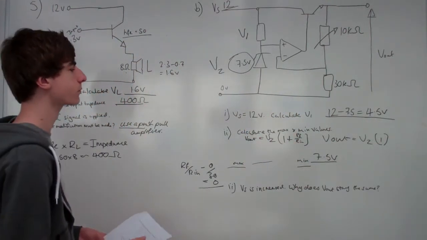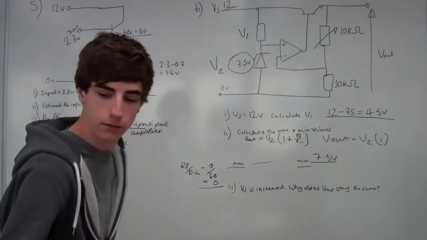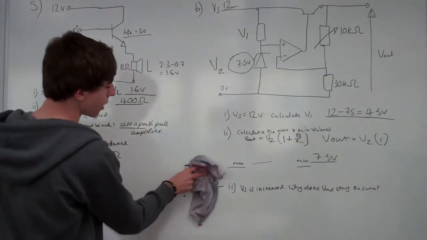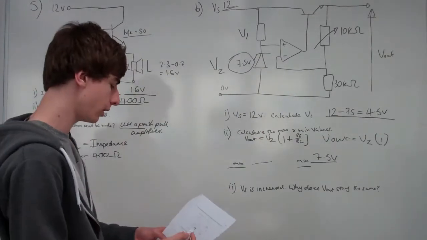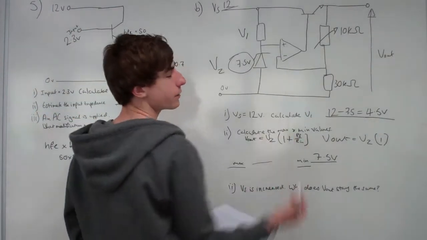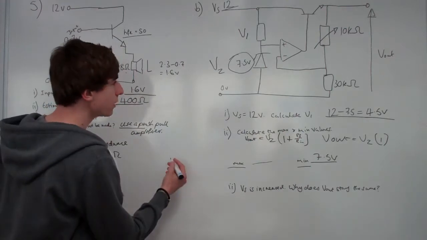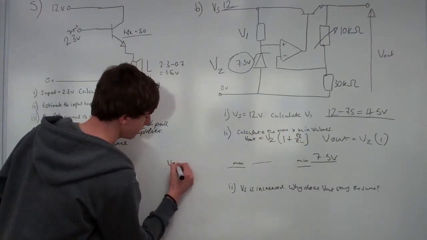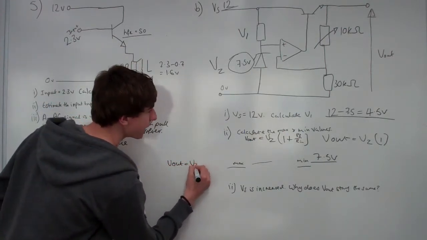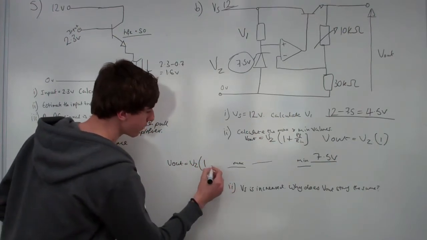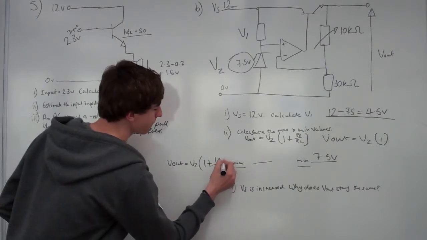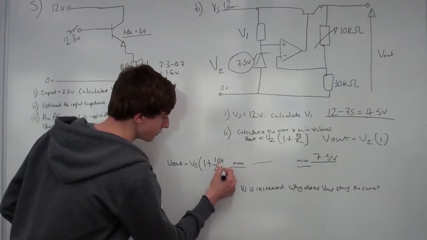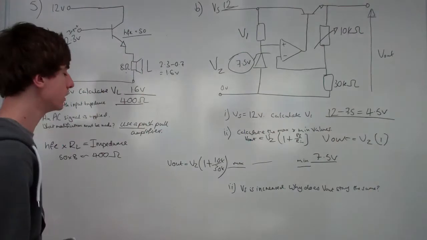And then, same again for the second part, except this time it's at its maximum value. Now the voltage is going to be at its maximum value when this resistor is at its maximum value, which is 10 kilo ohms. So we now have Vout equals VZ times 1 plus 10 over 30. And both of those will be in kilo ohms, but they cancel, so that's fine.